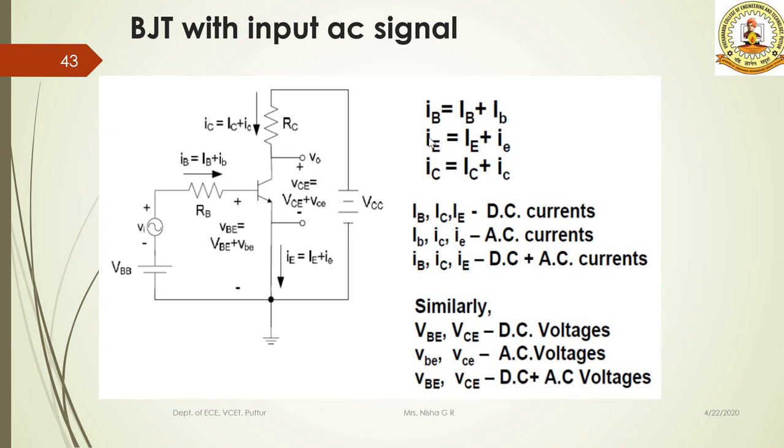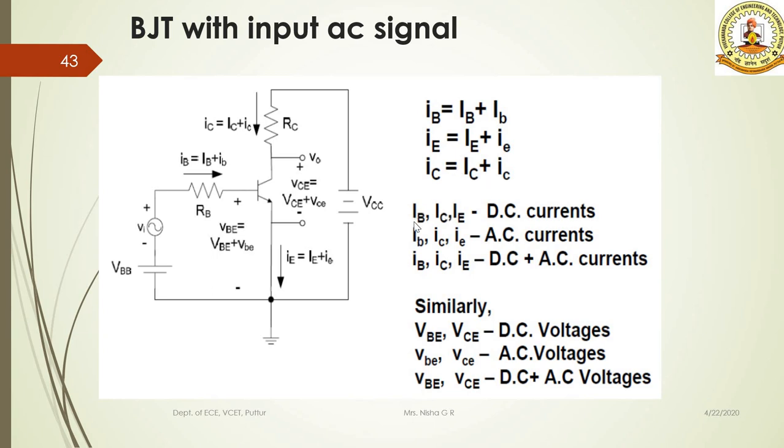So iB is equal to capital letter IB plus small letter ib. And iE is nothing but the instantaneous emitter current, that is the AC emitter current and the DC emitter current. And the instantaneous collector current is nothing but the AC collector current and the DC collector current.